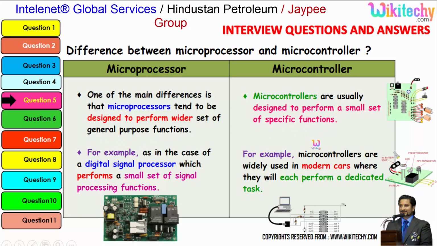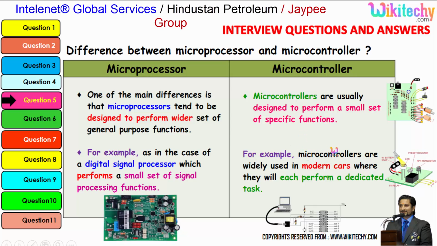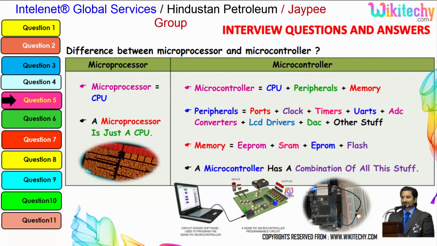Over here it's general purpose, it's specific. For example, microcontrollers are widely used in modern cars where they each perform a dedicated task. So a microprocessor is nothing but a CPU, whereas a microcontroller is a CPU with peripherals and memory.